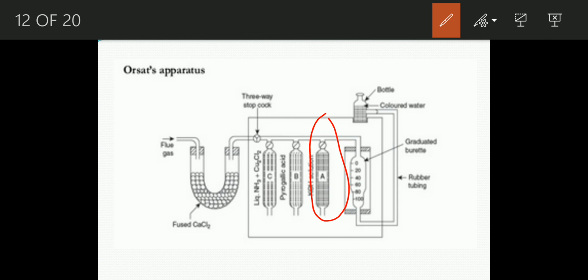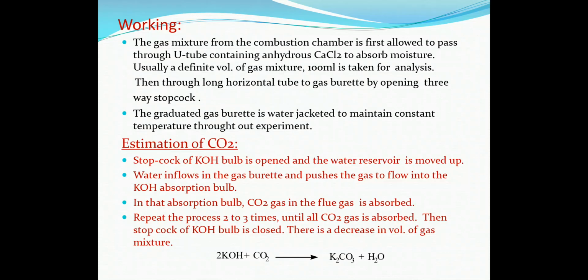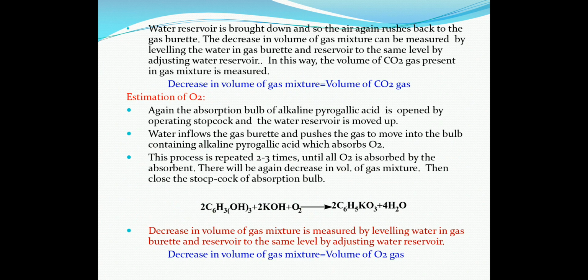There will be absorption of oxygen in the flue gas by alkaline pyrogallic acid. The process is repeated 2 to 3 times until all oxygen is absorbed.